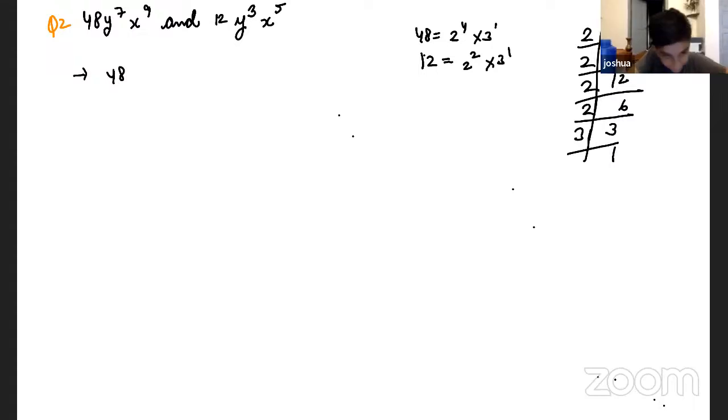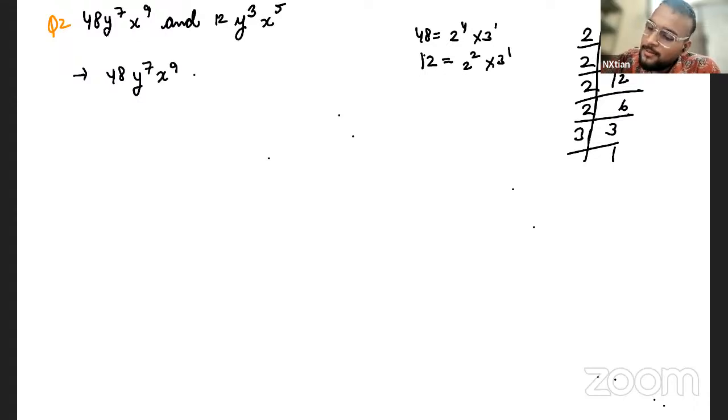Now 48 y^7 x^9 can be written as 2 to the power of 4 into 3 to the power of 1 into y to the power of 7 into x to the power of 9. Guys, did you understand? Yes or no?